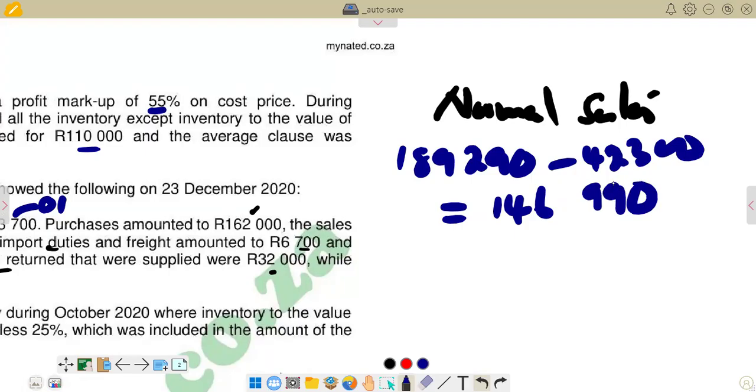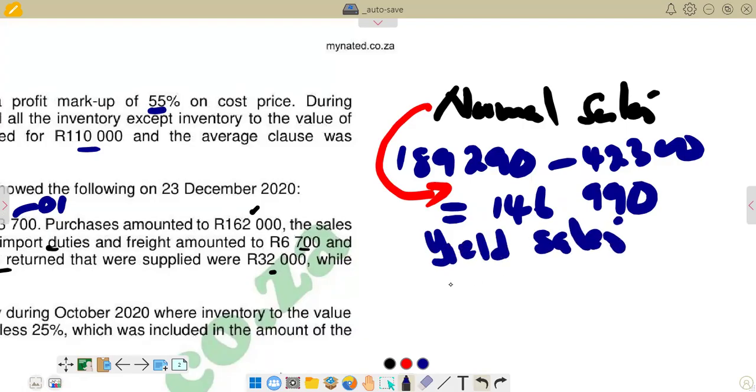Then after getting this, this is going to be our normal sales. Then also we have got our yield sales. So this 42,300 now represents the yield sales.